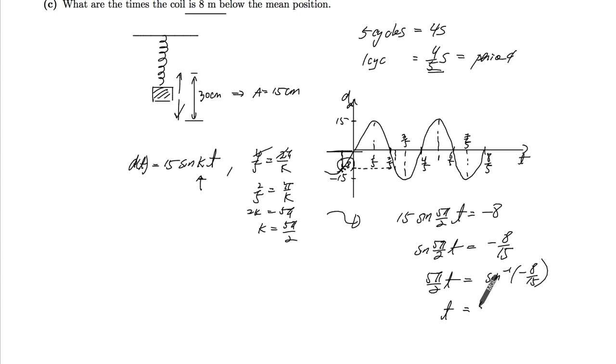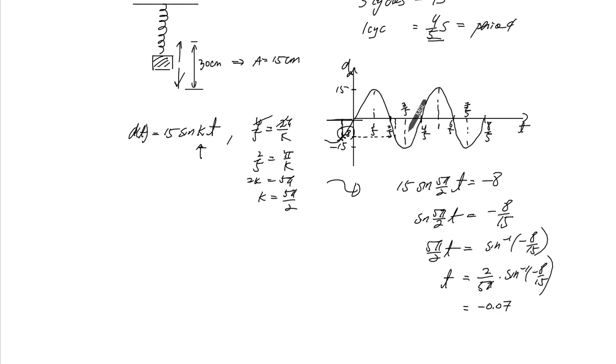So time is going to be 2/5 pi times sine inverse of this minus value. So this is not the time I want. I want this one. Okay, so the actual time that I do want is, right, this here.